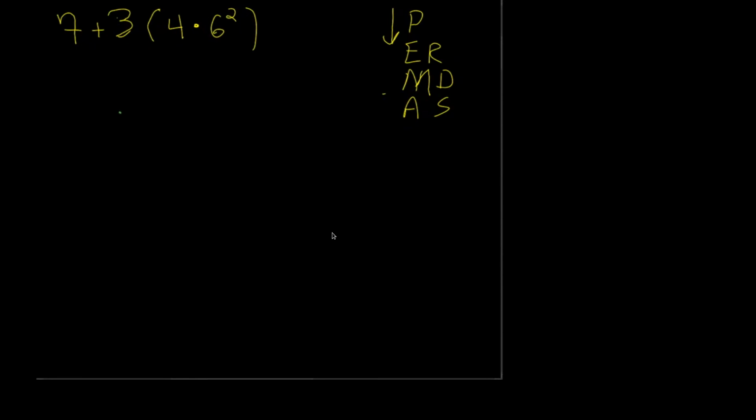Now it is good practice to write each step you do in mathematics on a separate line. So if you make a mistake, A, it's easy to fix, and B, it's easy to find. So a lot of people will jump to just write down the answer, but it's a good habit, especially as this gets more and more complex, to do it step by step by step.